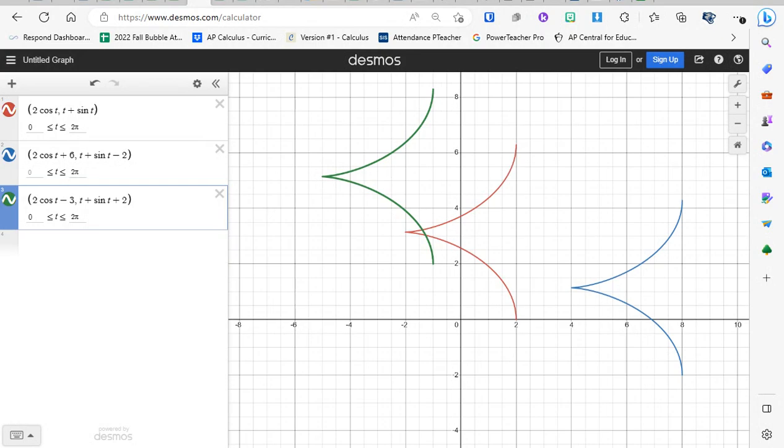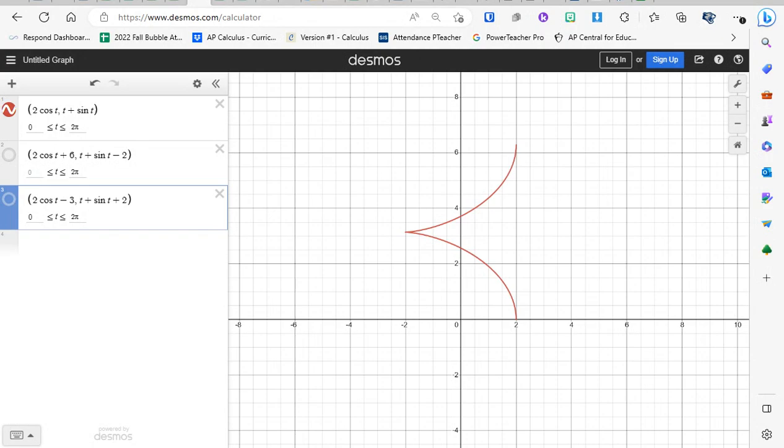And all I did was add random numbers on the ends of them. Plus 6 minus 2, minus 3 plus 2. So that's an underlying thing about vectors. Vectors don't have any position. They're just a change from wherever you started from. So that graph could really be anywhere. But generally, just for simplicity, the red one is the one we would be thinking of. Why add extra numbers that overcomplicate stuff? So that's an under the hood difference with vectors, but it's not something we'll ever actually have to deal with.